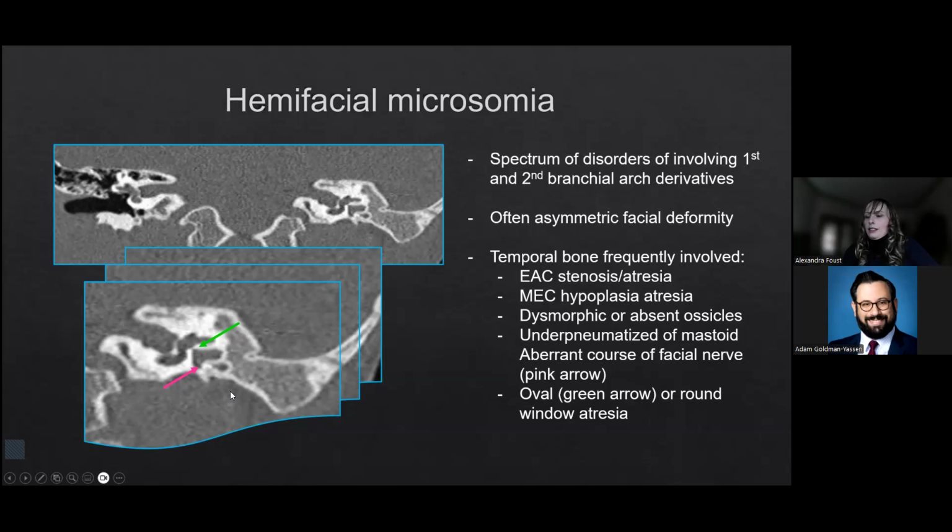In this case, you can see there's really no mandibular condyle in sight, and they had a very small ipsilateral mandible. You might have ossicles in milder cases that are dysmorphic or ankylosed to the middle ear cavity, or in more severe cases like this one, there may be no discernible ossicles present. And they often will have an aberrant course for the facial nerve canal as well.